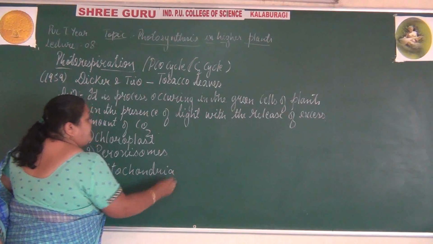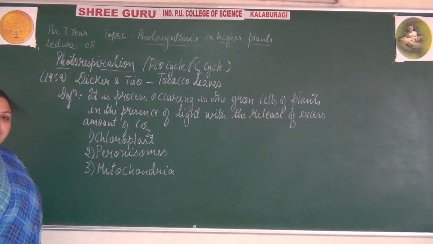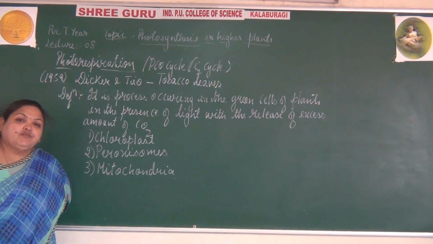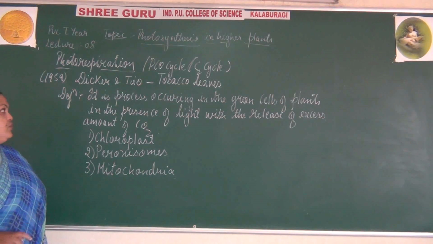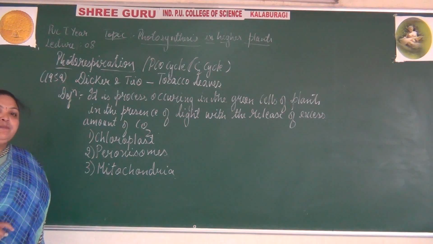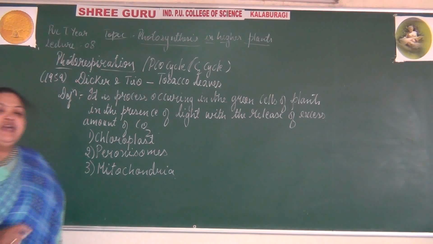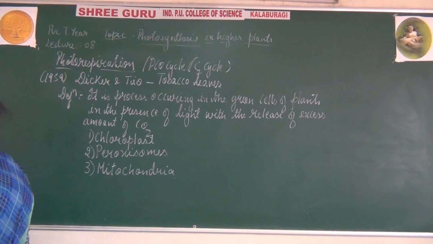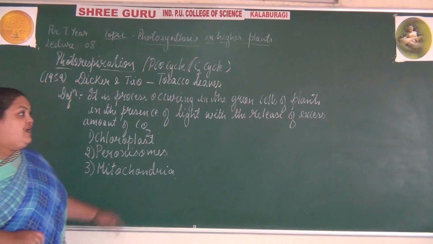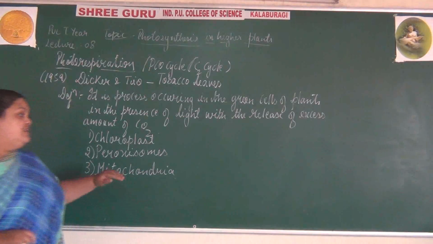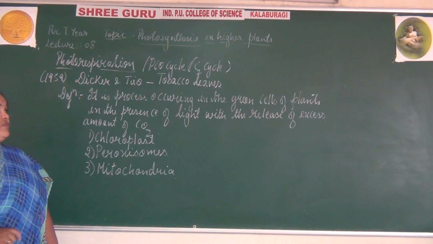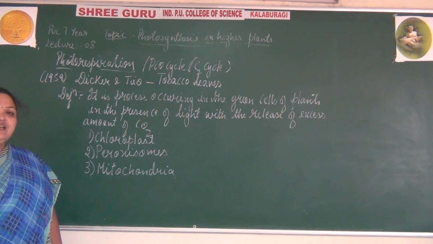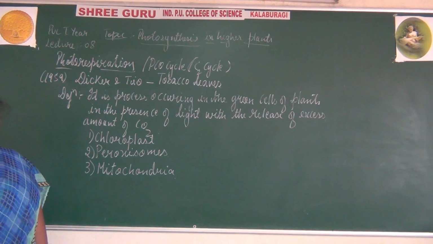So these are the three cell organelles which are the site of photorespiration, or which are involved in the process of photorespiration. The schematic representation of this is not given in the NCERT textbook, but I will give you the schematic representation of this cycle to make it clear what actually happens.